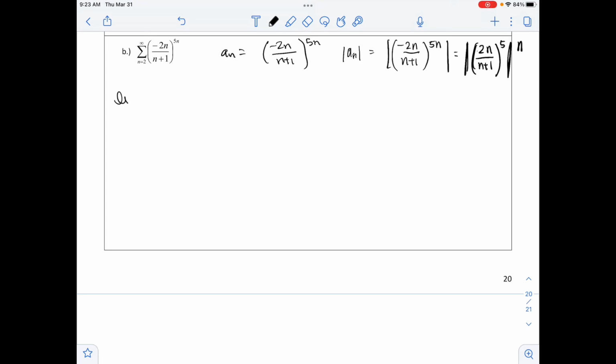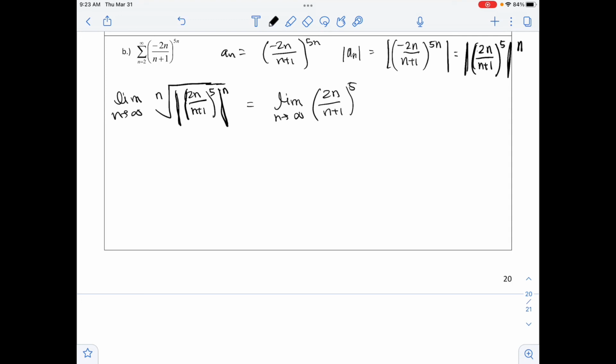So, looking at our limit as n approaches infinity of the nth root of the absolute value of 2n over n plus 1 raised to the 5th power, and then all to the nth power. And so this would simplify to the limit as n approaches infinity of 2n over n plus 1 raised to the 5th power.